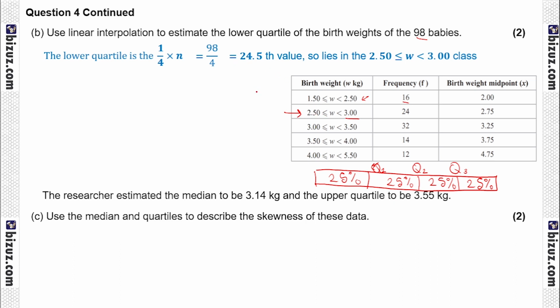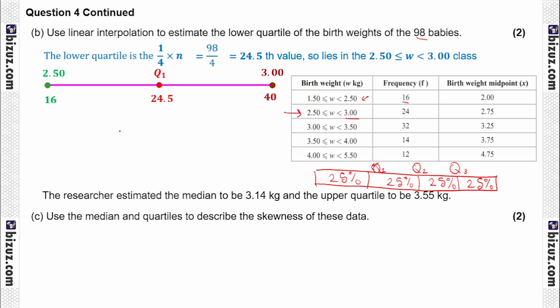All right, so let's draw the diagram for interpolation. And the way we draw this is basically we put the endpoints on either side. We have what we're supposed to estimate in the middle, and the way it's arranged is on the top we have the data values, or the weights, the values of the variable itself, and on the bottom we have the corresponding cumulative frequencies.